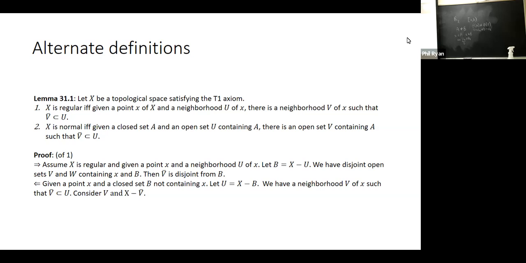A space is normal if and only if, given a closed set A and an open set U containing A, there's an open set B containing A such that the closure of B is within that open set U.